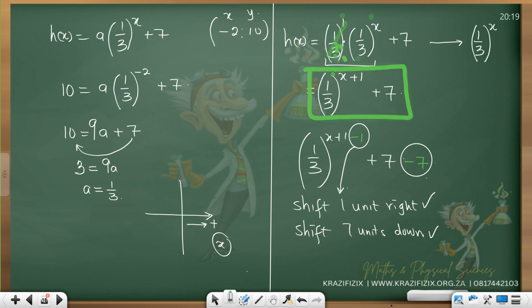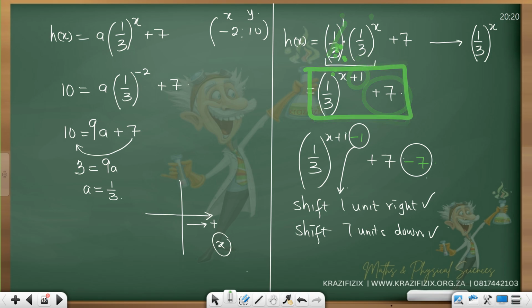If I don't do this, I won't know how to deal with this 1/3. But combining it like this makes it easy. Get rid of the 7, get rid of the 1. So that was what I did, to simplify first before doing translation. It's always very easy. Simplify, then translate. Okay. Thank you, sir. Awesome.